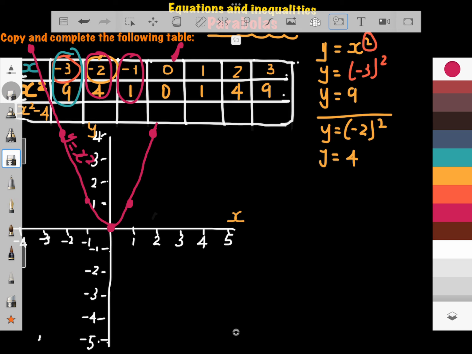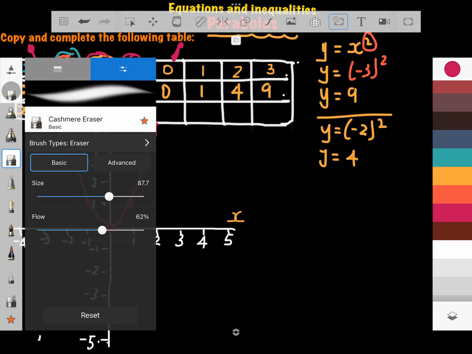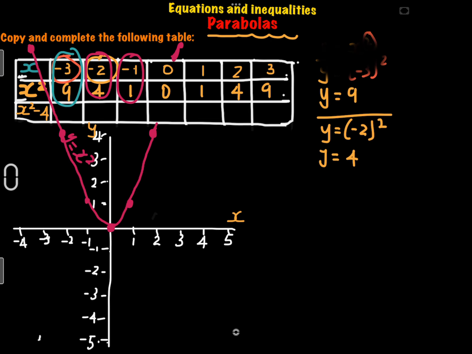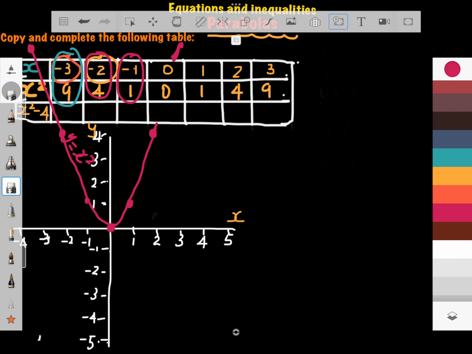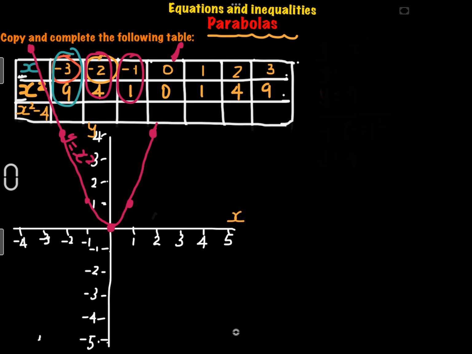Okay. Now let's look at the next set of coordinates in terms of our graphical notation. So let's erase this one. Now we move to the second division of graph construction. We are told that this time y is equal to x squared minus 4.